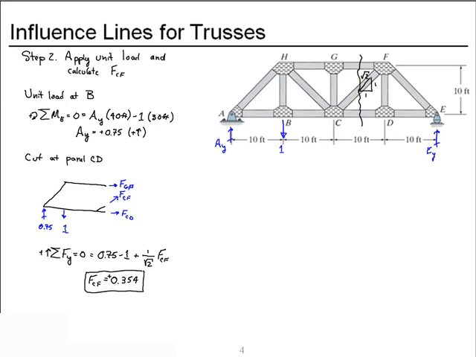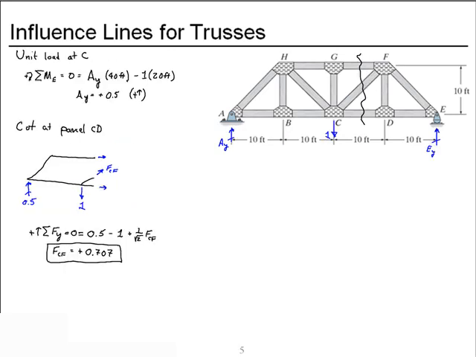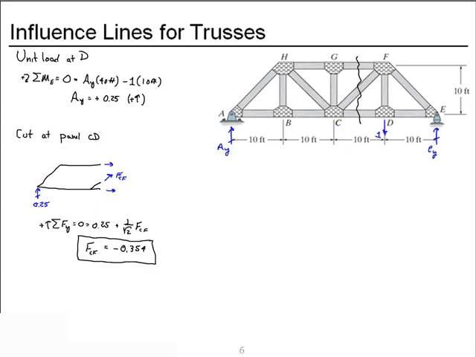So we started at point B, found a tension value for force in member CF, moved that unit load to point C, and we got an increasing tension value in member CF. But then as the force passes member CF and moves to point D, the sign changes to negative, so we get compression in member CF.